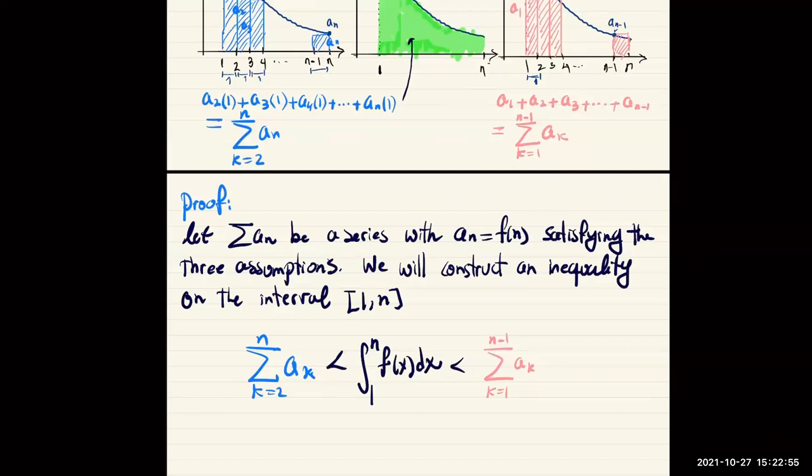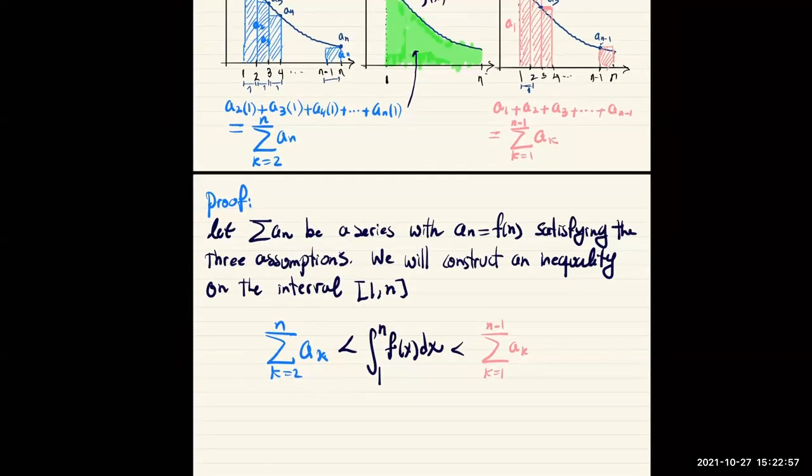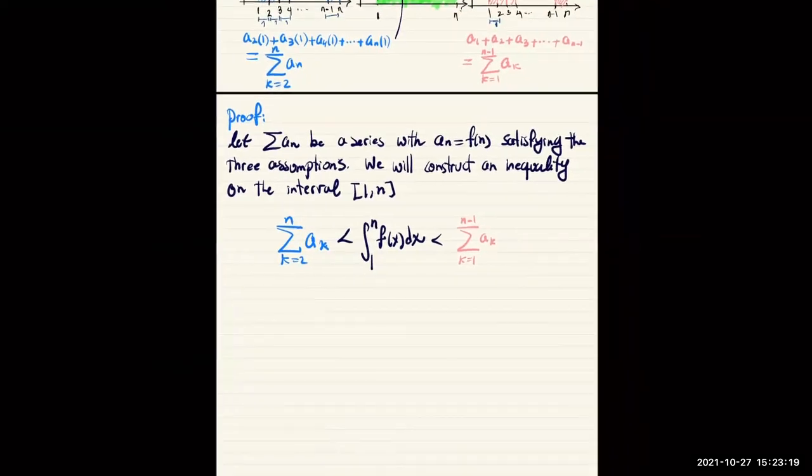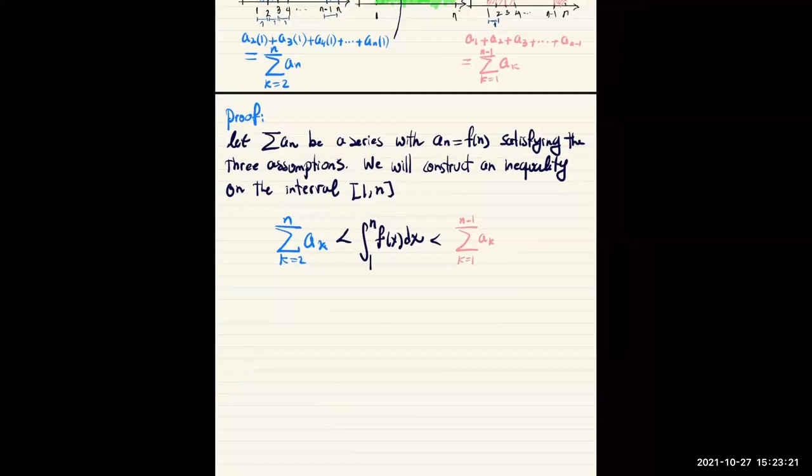All right. So this is an inequality that we just established, and let's see what we can do to it to prove the integral test. Yeah, so there are two inequalities. We have this inequality here.